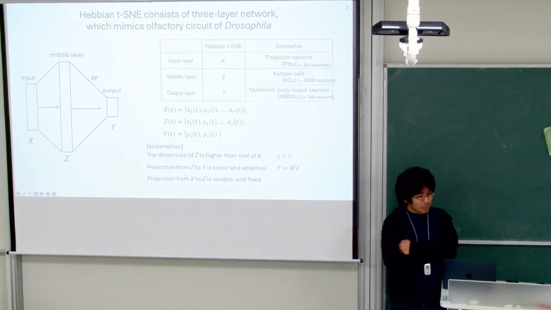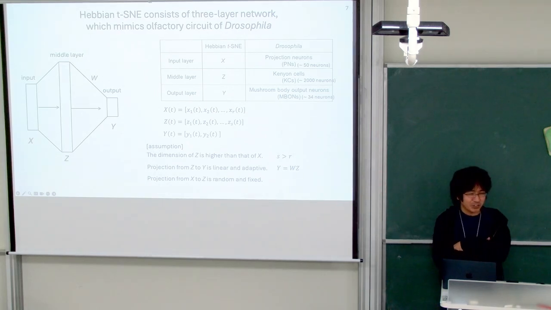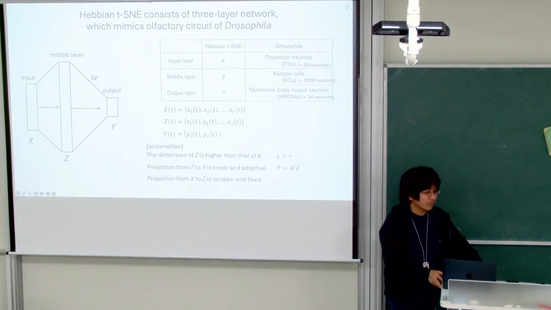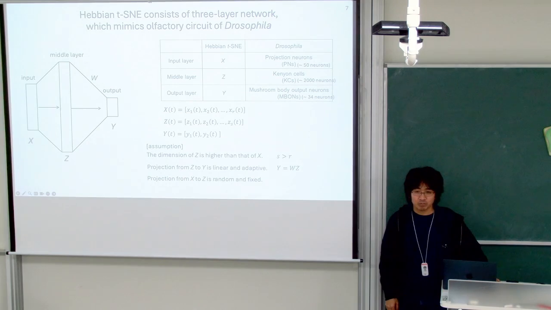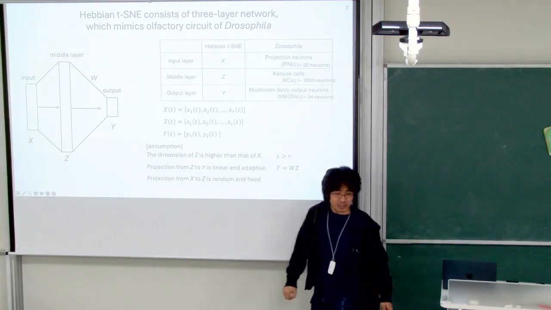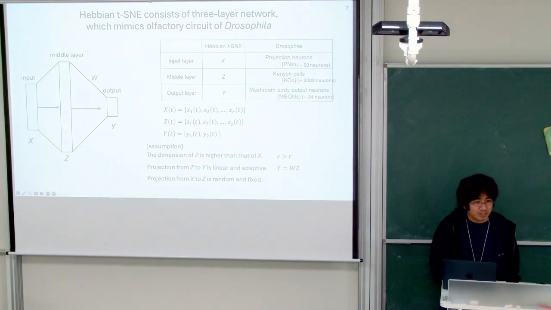What is the meaning? I think they didn't mention the distribution. It is just randomly chosen, and it does not change during the training. They only train the values of W. Only this connection is trained. Is there any rationale for this system?